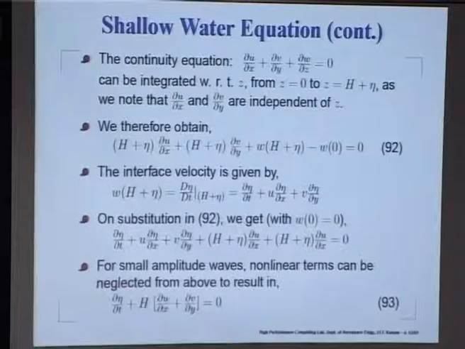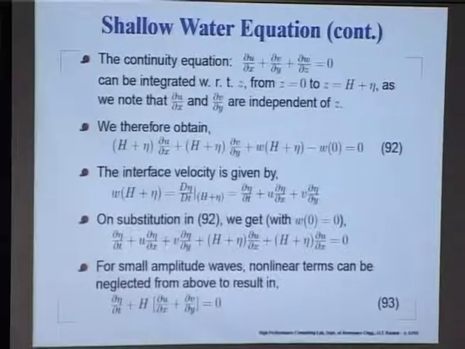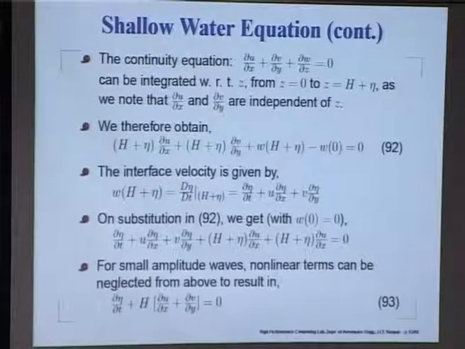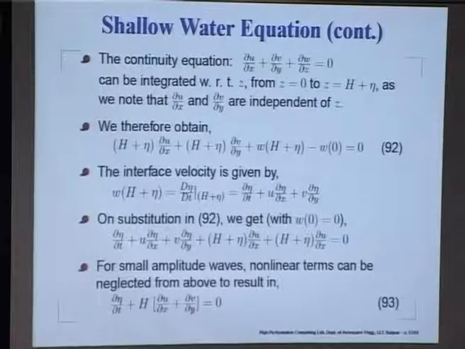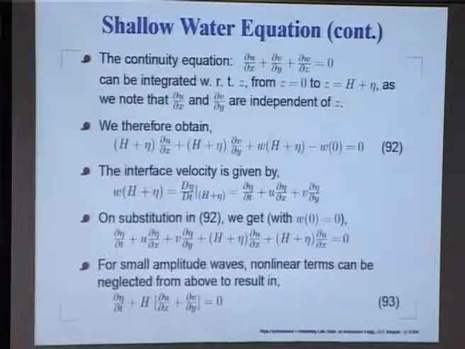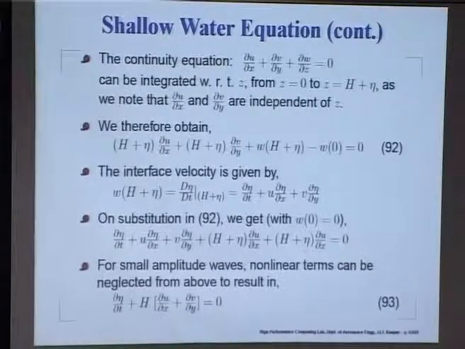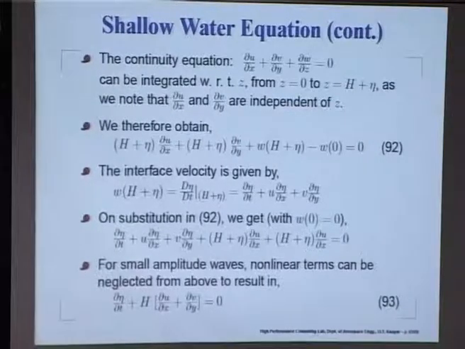Substitute this in equation 92, and you get that. I still have not corrected it, but I hope the one in the website that was posted yesterday is the correct one. See the last term here, this should be del v del y. Okay. So, please be aware of that, it is already corrected in the notes posted in the course website.